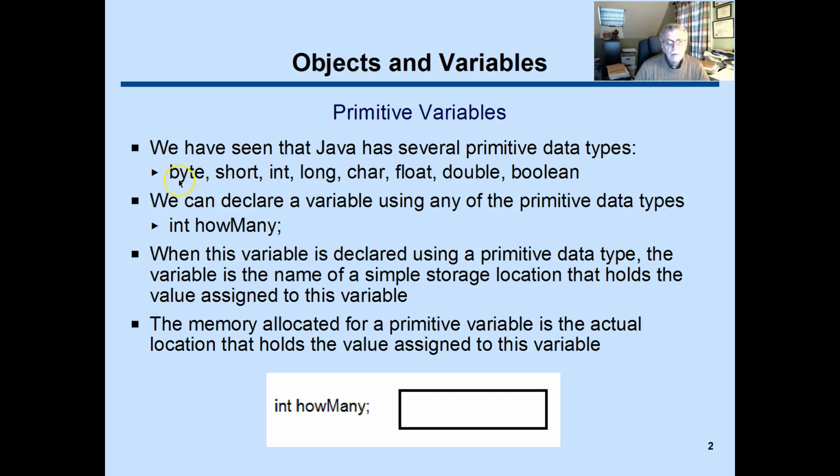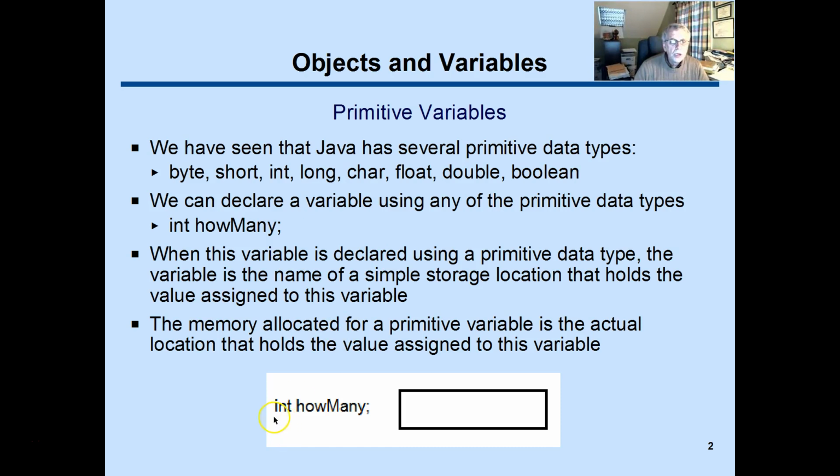In the case of a byte, we're looking at 8 bits, short 16 bits, and int 32 bits, and so on for these various data types. So it's a fixed amount of storage when we pick a particular data type, and the value that is assigned to that variable is stored within that memory, within that storage location.